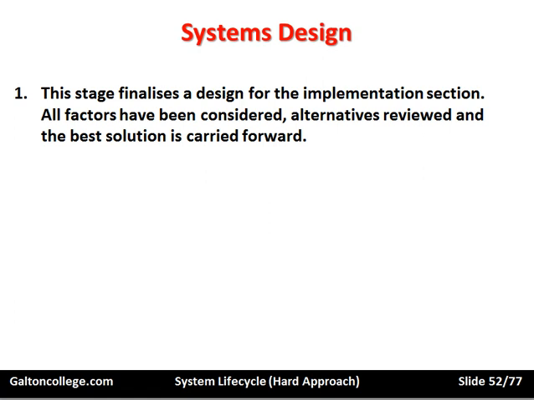In this case, the new system has now been looked at, and we've now moved to the final stage, the system design. All factors have been considered, alternatives reviewed, and the best solution is carried forward. So we're in the final stage of the changeover.